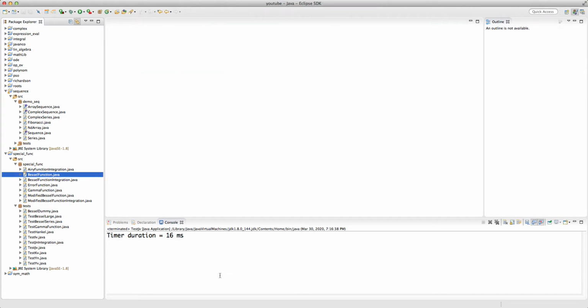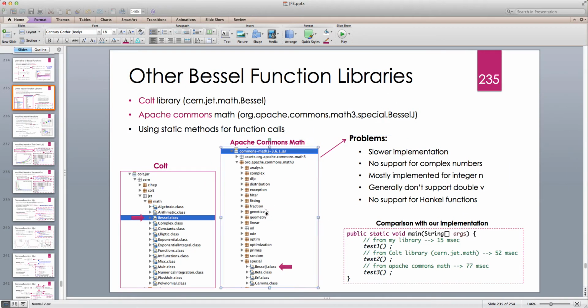Okay, so let's go back to the PowerPoint. What I'm going to do is compare the speed of these two implementations, Bessel from Colt and Bessel J from Apache Commons, with my implementation, and we're going to use the timer class that I just discussed to time them. I've already done one test, and my implementation was about 15 milliseconds for 1000 evaluations.